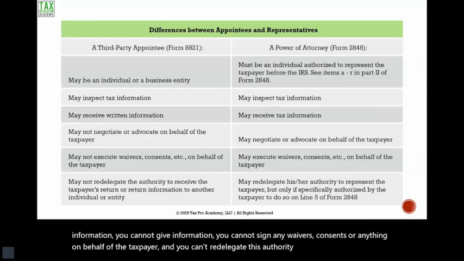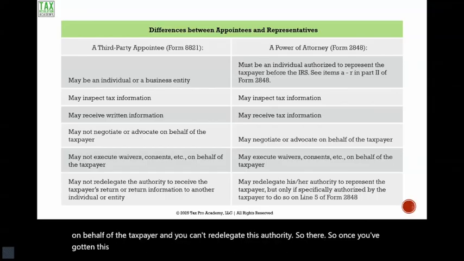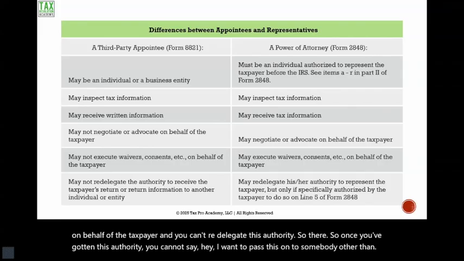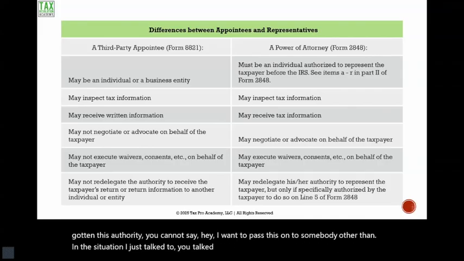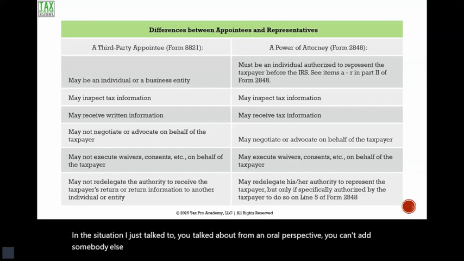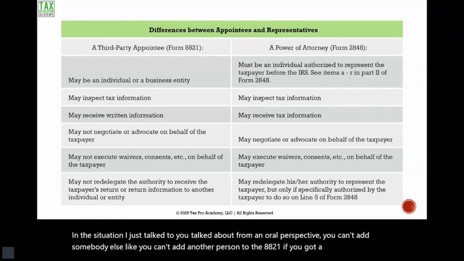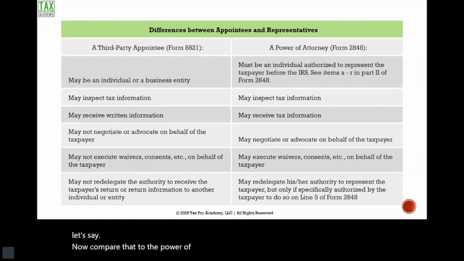So once you've gotten this authority, you cannot say, "Hey, I want to pass this on to somebody other than the situation I just talked about from an oral perspective." You can't add somebody else, like you can't add another person to the 8821 if you got a new employee, let's say.